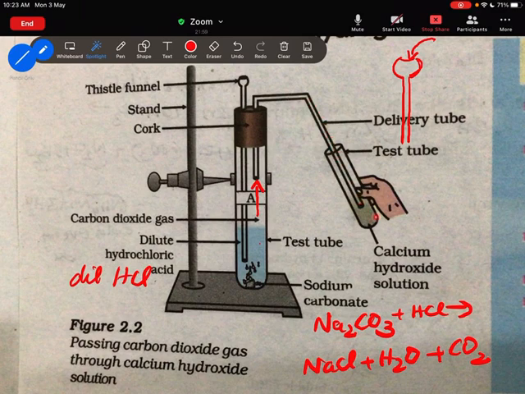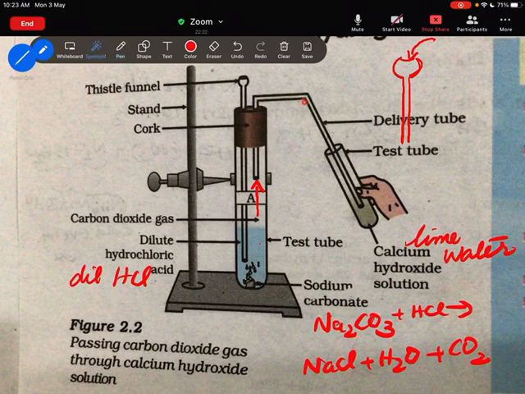And in this test tube we have taken this lime water. This is lime water. It is a transparent solution. Aqueous solution means made in water.